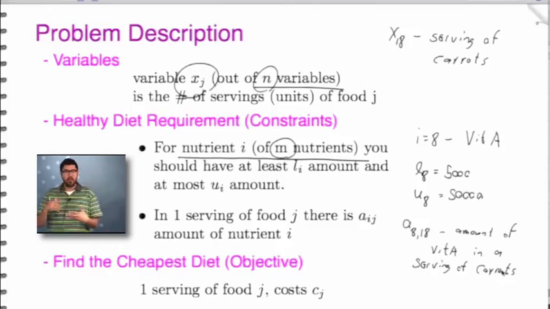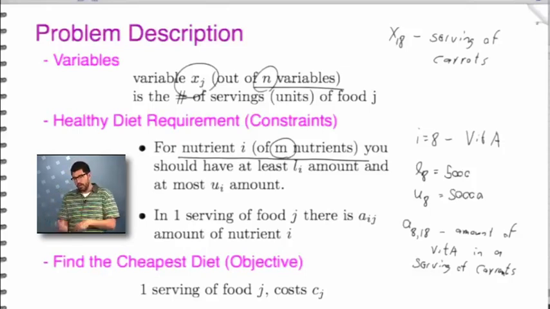So this is what we're going to try to do. We're going to try to meet. Now, we might need to eat way too many carrots to meet our vitamin A, or maybe not. But we want to have a mix of foods. We're going to try to find the best mix, of course, such that we meet all our nutrient constraints, but of course we want it to be the cheapest.